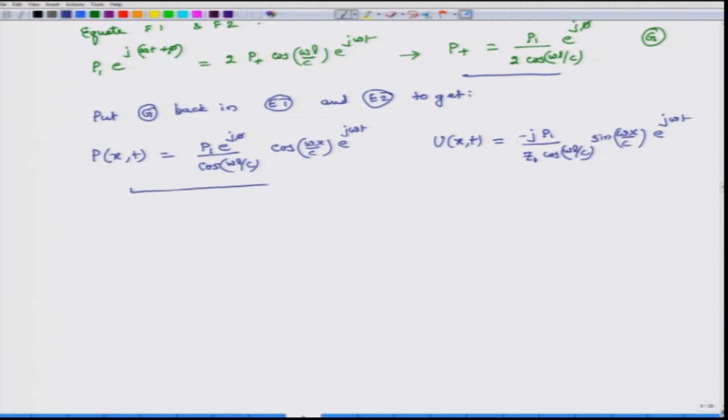So, this is complex pressure, and this is complex velocity.